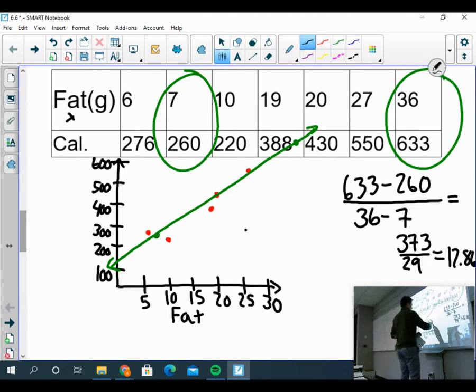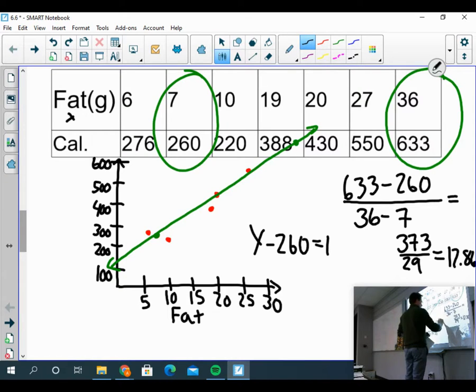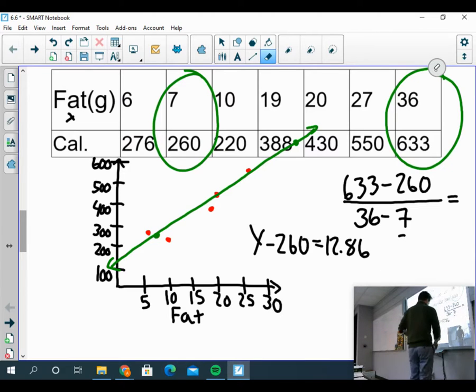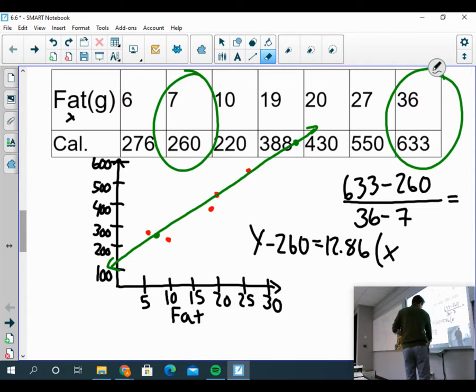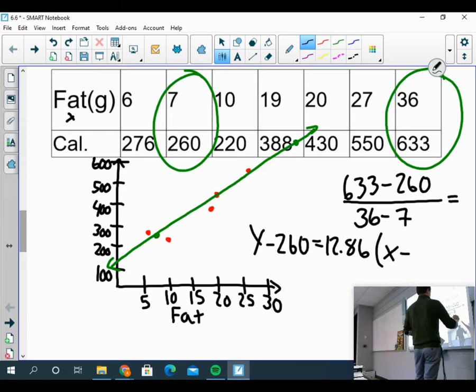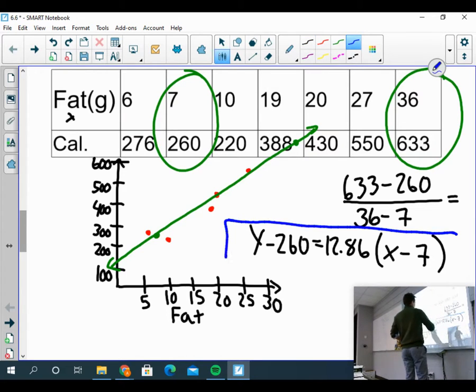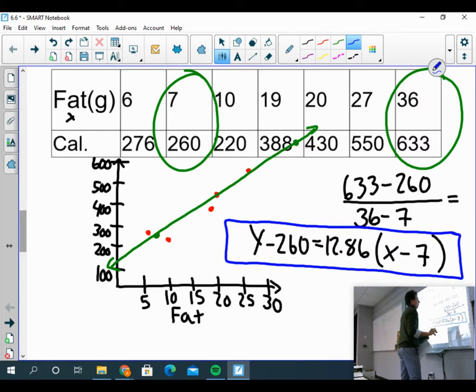I pick 2 points, and I go ahead and I write the equation for my line. y minus 260 equals 12.86 times x minus 7. And there is the equation for my potential trend line that estimates the data.